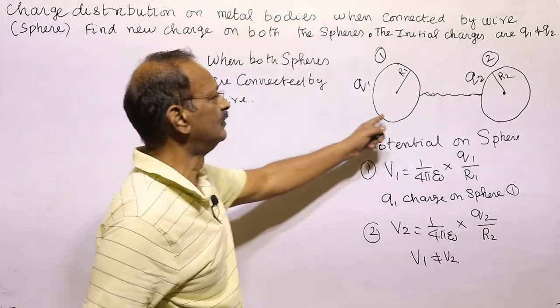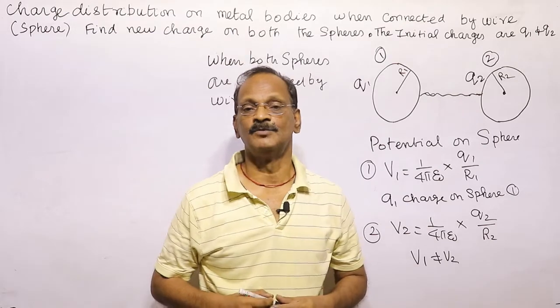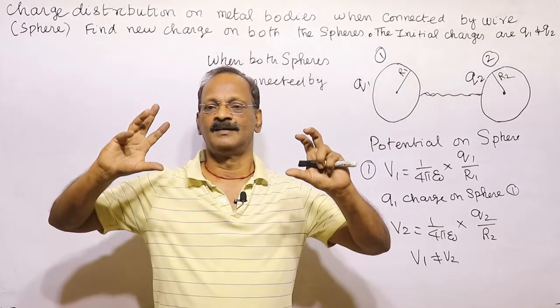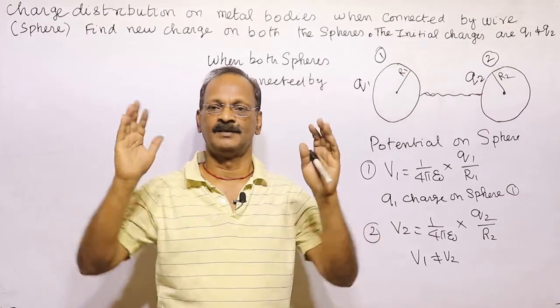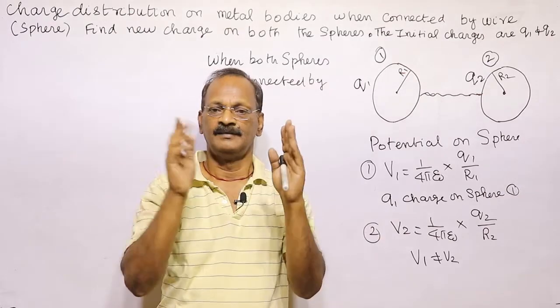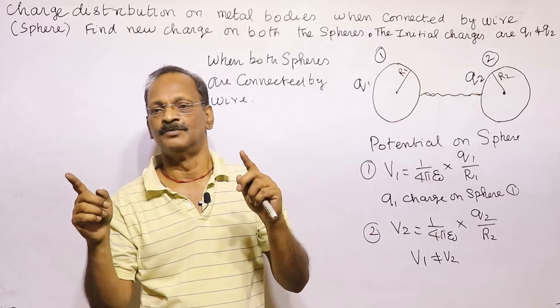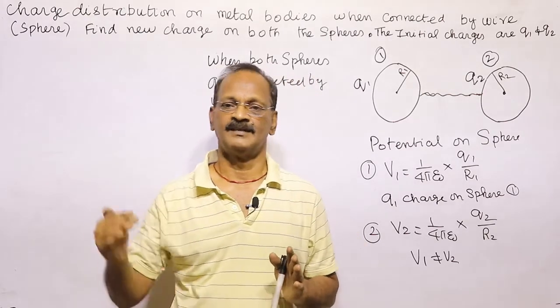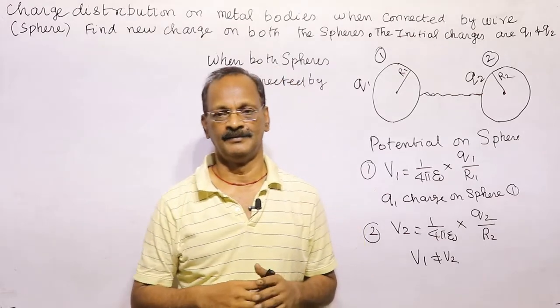Redistribution of charge will take place, because both are at uneven potential. The charges from here will flow there, or from there to here, depending upon which potential is higher. Charge will go from higher to lower level.